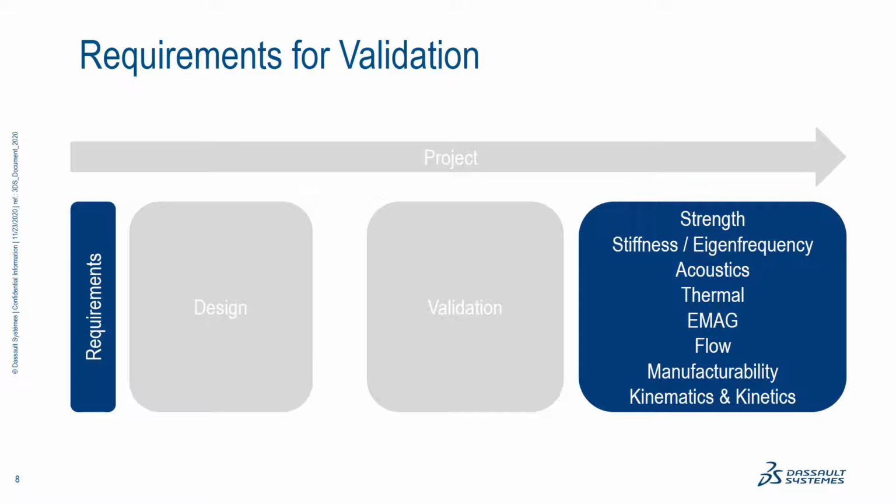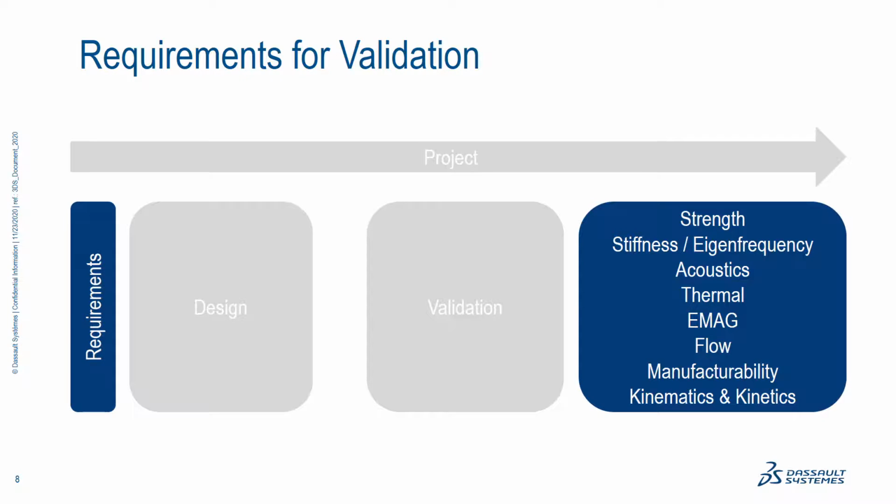Strength of our product, stiffness and eigenfrequency behavior, acoustics, thermal performance, electromagnetics, be it antennas or PCBs, flow behavior, like pressure drop, temperature mixing, etc. Manufacturability, of course, for plastics parts especially, but also for metal parts, and kinematics and kinetics. So we're seeing here we have a really big bunch of different requirements we want to check, and that we can check with simulation even in the early stages.